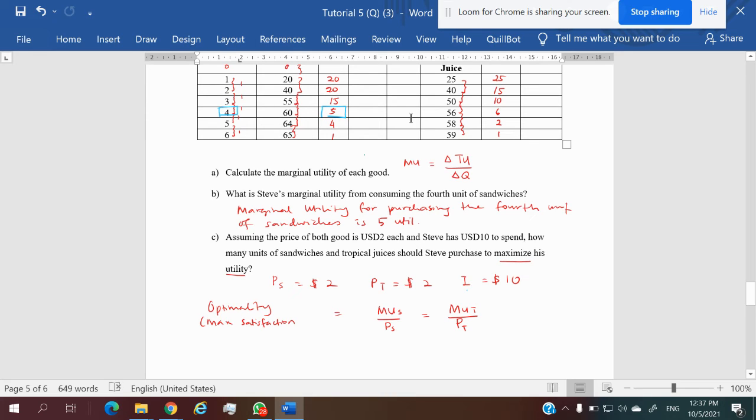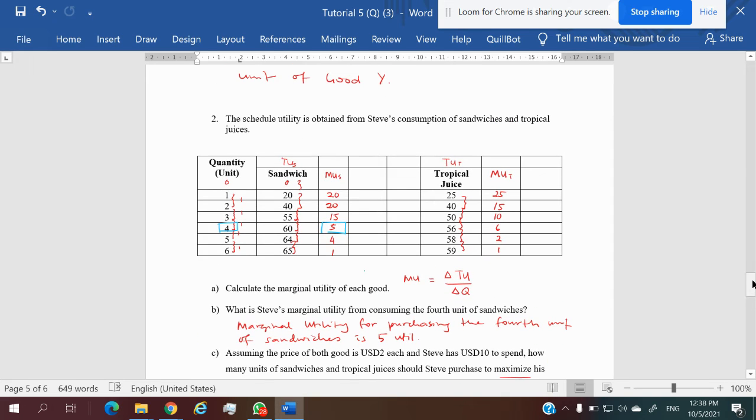So here we need to calculate MUS over PS and MUT over PT. Here 20 divided by 2. Remember, the price of S is $2, and the price of T is also $2, class.